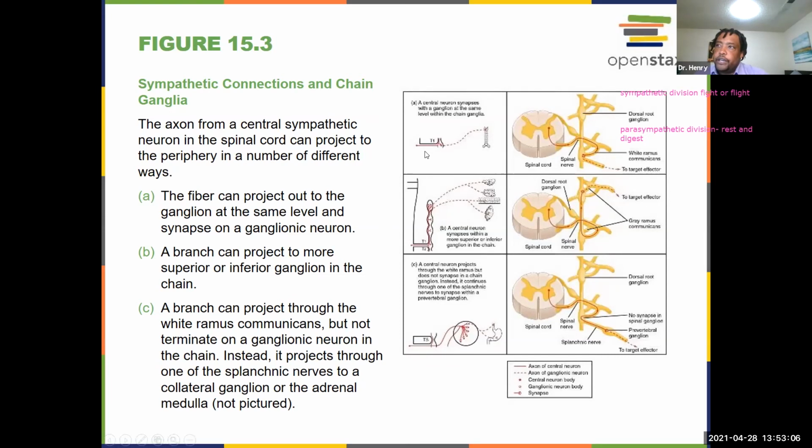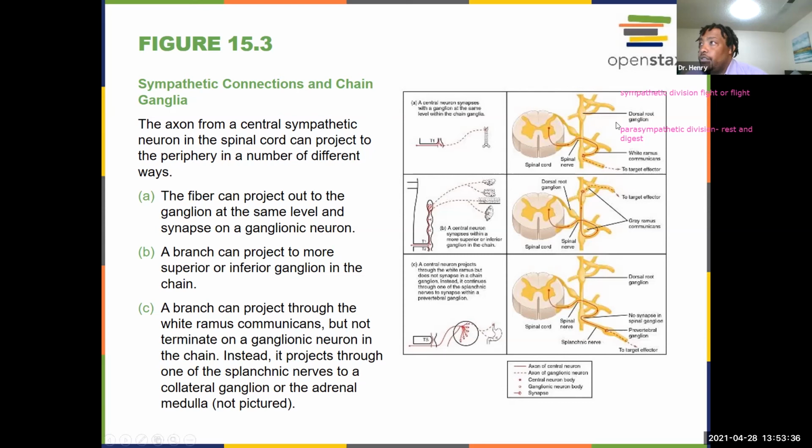So if you take a look here, I know you can't see it very well, but in the case of T1, here's our spinal cord, and you can actually see the synapses forming between that ganglia and then the ganglionic neuron that is going towards, in this case, another organ.